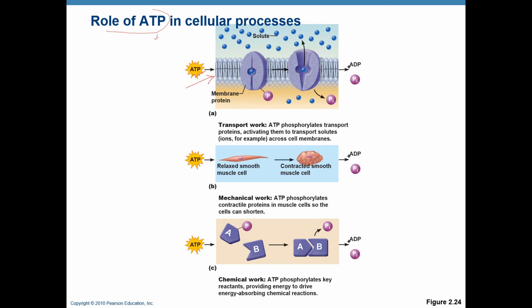So ATP releases a phosphate, and that will serve as energy to open the door. Here you see this P came from ATP. So ATP will split and release a P and then ADP.